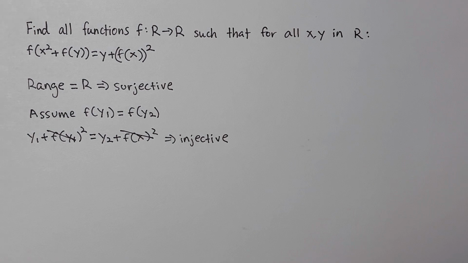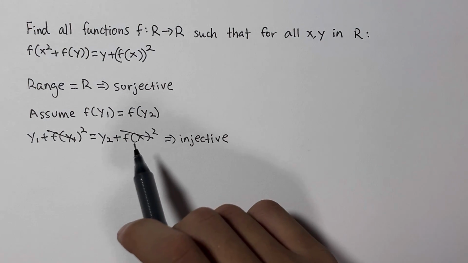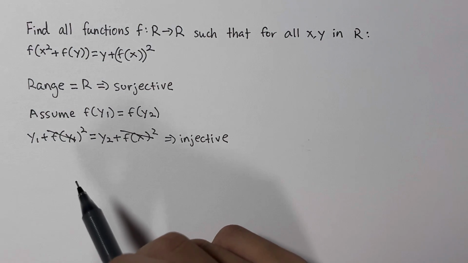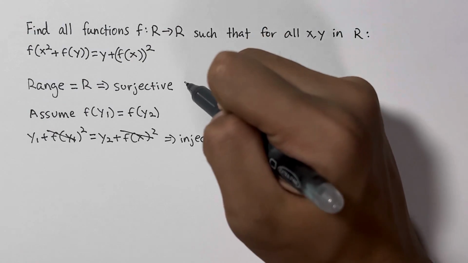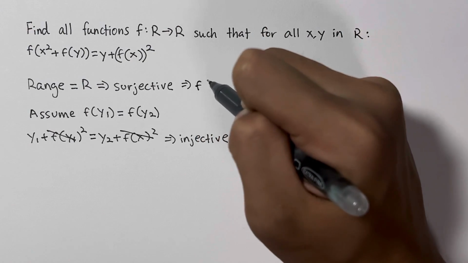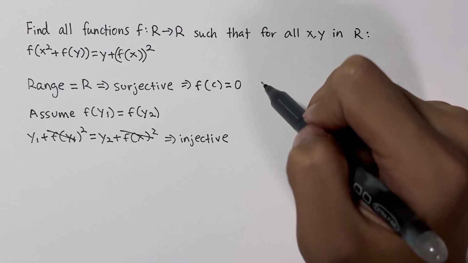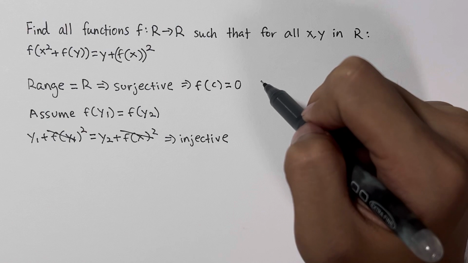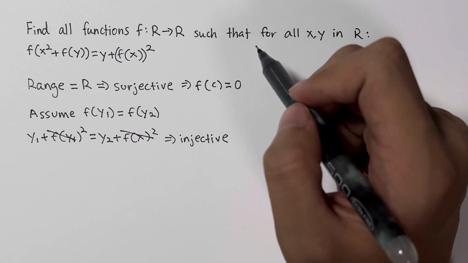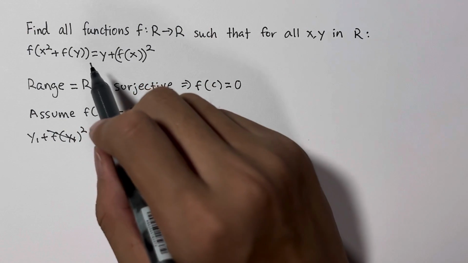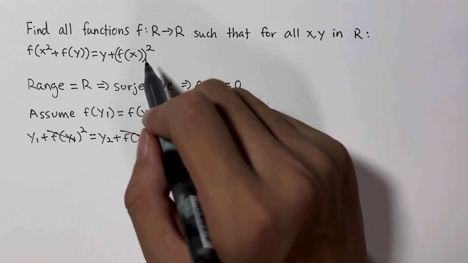Next, I want to find the value of f of 0. Since f is surjective, there must be some input, let's call it c, such that f of c equals 0. Let's substitute y equals c into the original equation, so we'll have f of (x squared plus f of c) equals c plus (f of x) squared.